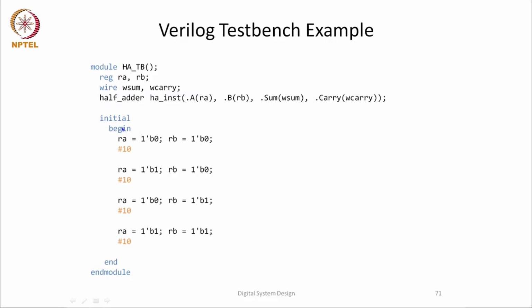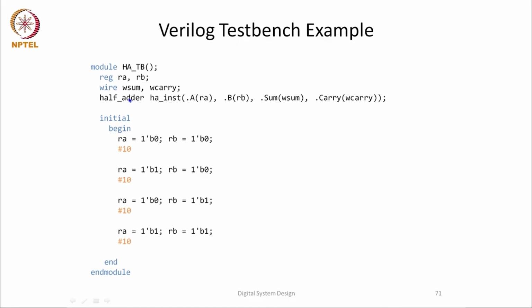In the initial block there has to be a begin and an end, which are like starting and ending curly braces. Initial essentially means that it would run once, whenever your execution starts.